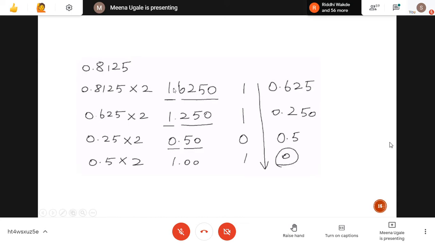When I get this 1.6250, I write 1 and 0.6250 I take again to multiply by 2. That will be my next step. So 0.625 multiplied by 2, I am getting answer 1.250. This 1 I have written here and 0.250 again I take to multiply by 2. I will get answer 0.50.